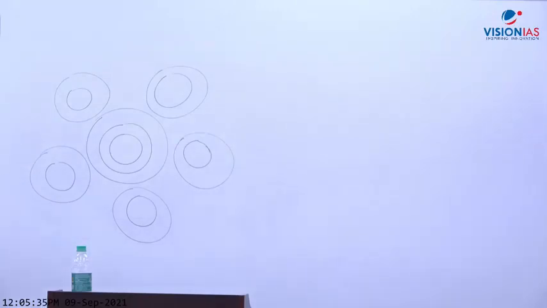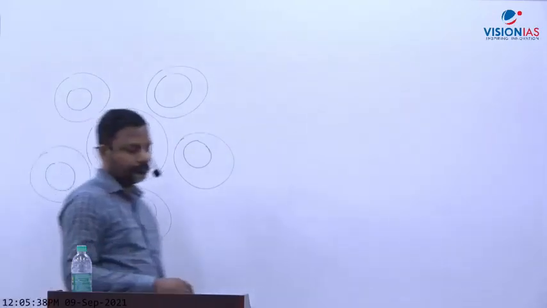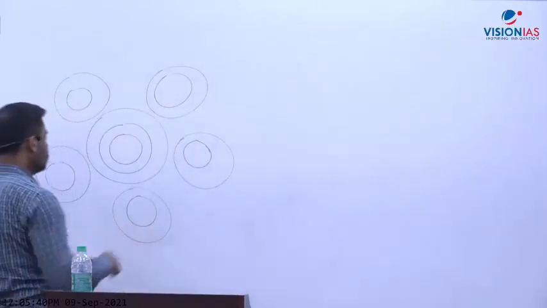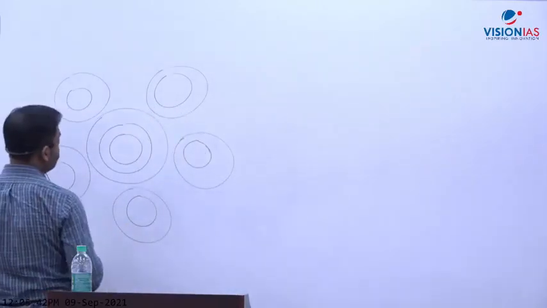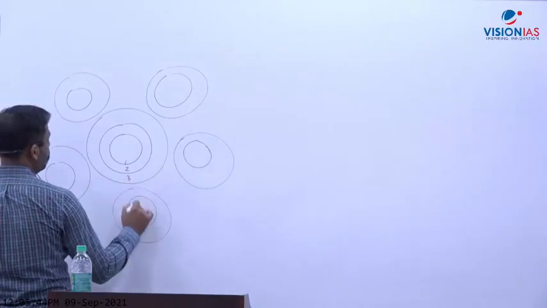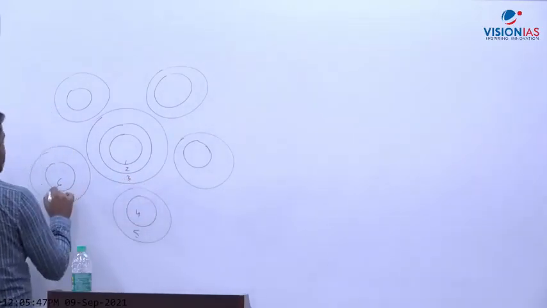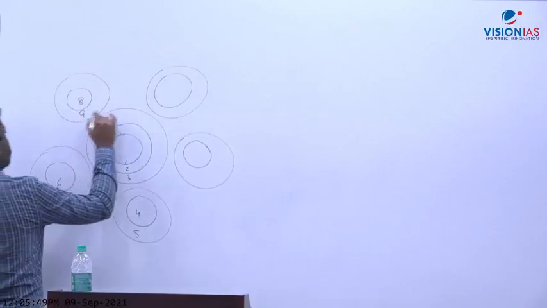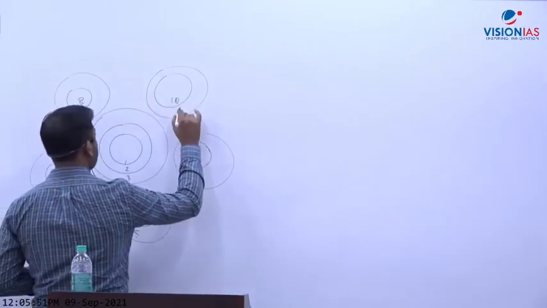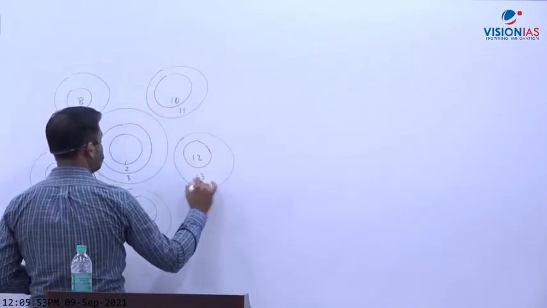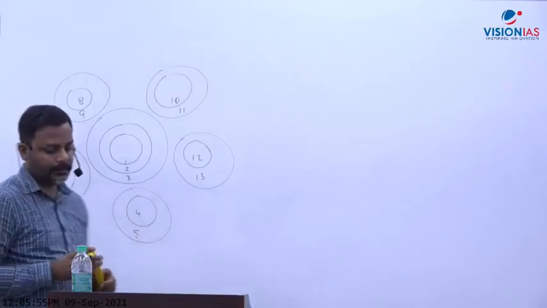Good. So counting the circle is the easiest thing. So 1, 2, 3, 4, 5, 6 and 7, 8 and 9, 10 and 11, and 12 and 13. So total of 13 circles are there.